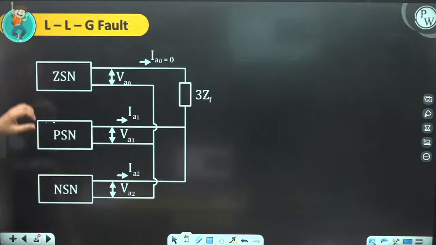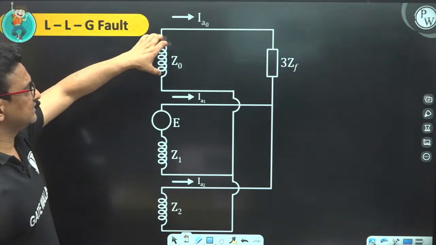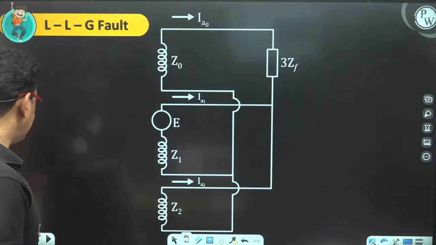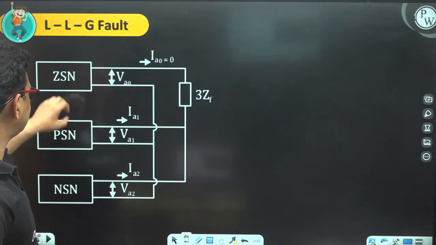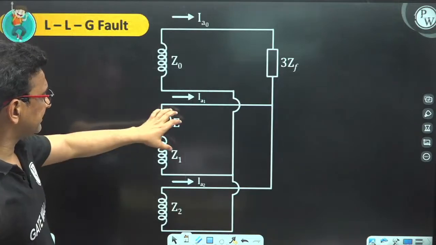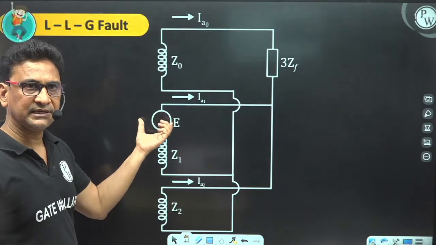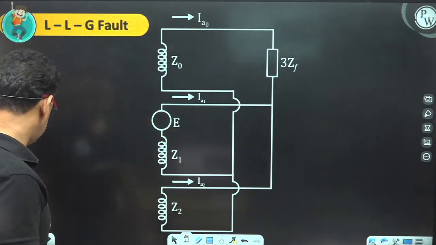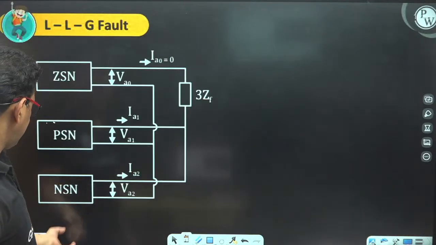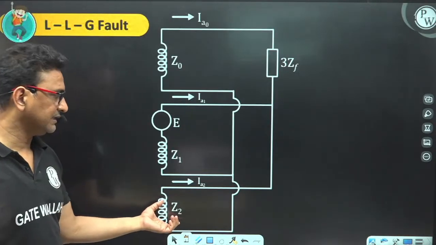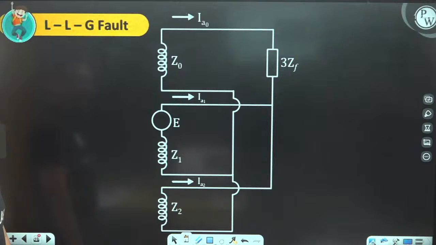Now, if I redraw the ZSN, PSN and the NSN, this is my zero sequence network. It is having only a zero sequence reactance. Positive sequence network is having an energy source and the positive sequence impedance. NSN is also having only a negative sequence impedance. Clear?